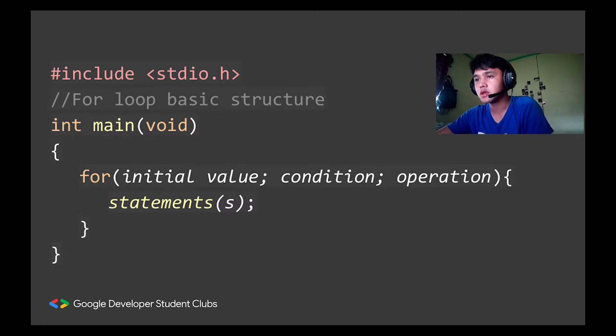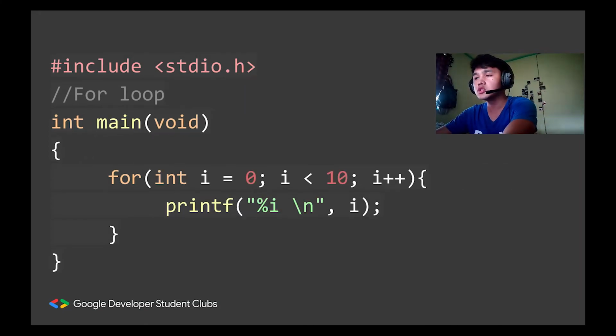after each iteration. And so for our first example here, we set the initial value of the loop to 0. We continue the loop as long as the initial value I is less than 10.